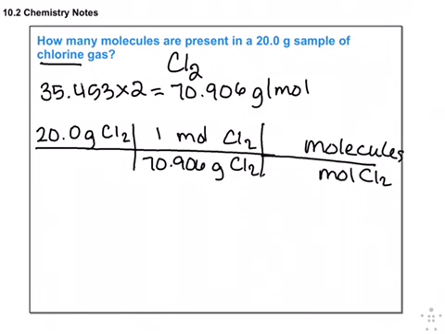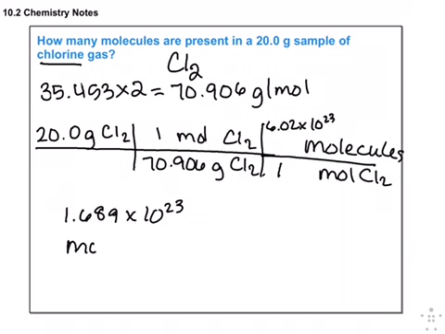And what were your numbers for this third box? Okay, Hallie. 1 mole divided by 1 mole. 6.02 times 10 to the 23rd molecules. So when you multiply all of this out, you should get 1.689 times 10 to the 23rd molecules of Cl2.